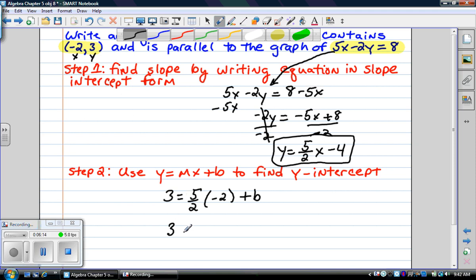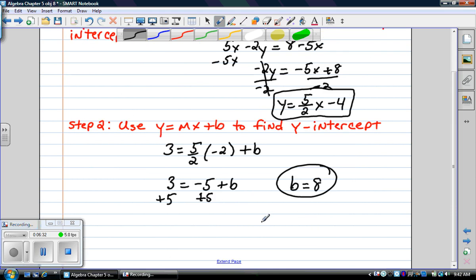I'm going to be left with 3 is equal to 5 times negative 2, which is negative 10, divided by 2, which is negative 5, plus b. Add 5 to both sides of the equation. I get a y-intercept of positive 8. So my equation will be y is equal to the same slope, 5/2. The equation has to have the same slope.